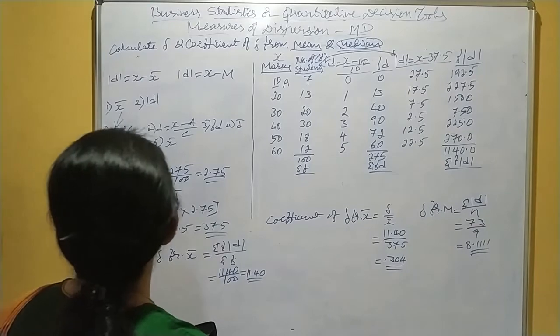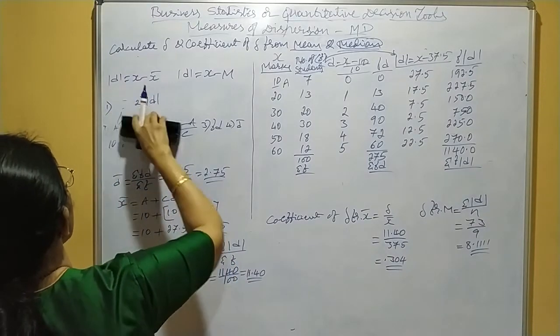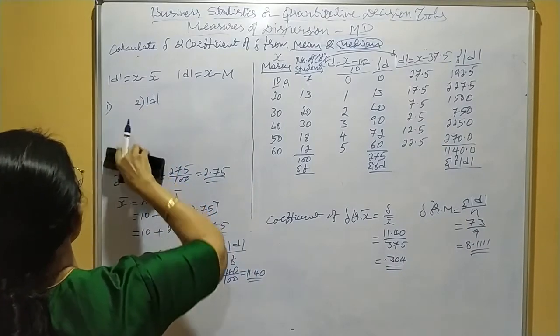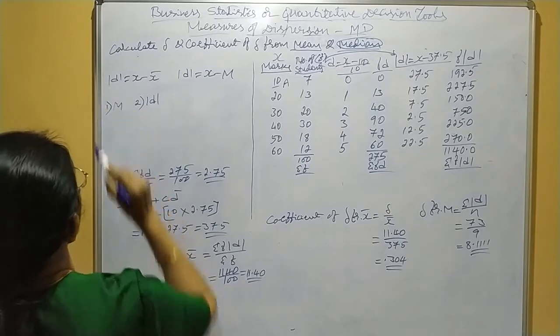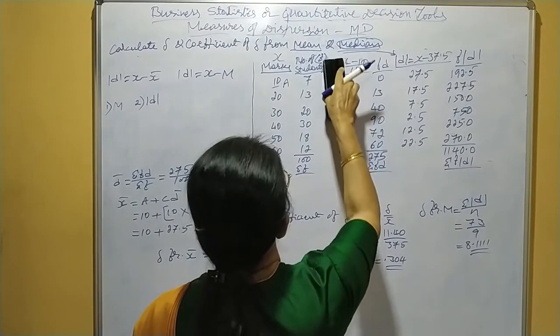Therefore first we need the median. To find out median under discrete series, what are the steps?